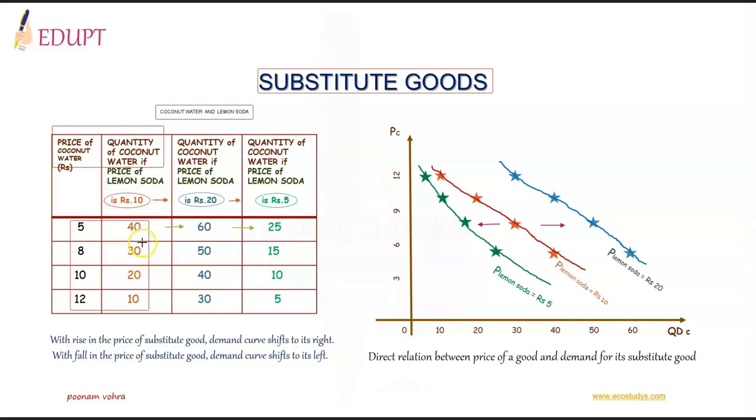Now, these units of coconut water are demanded with the assumption that price of lemon soda is rupees 10 per unit. And it shows that there is an inverse relationship between quantity demanded and price of a commodity, represented by this curve, where price of lemon soda is rupees 10 per unit.